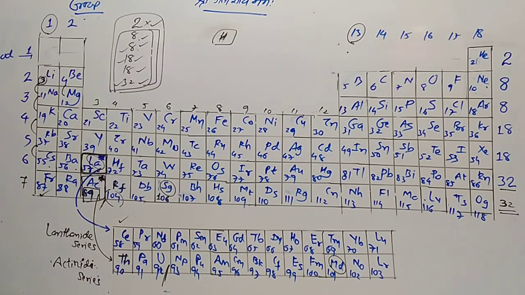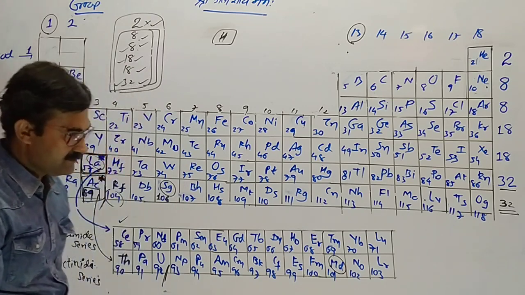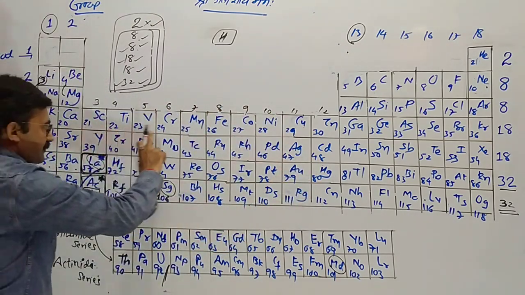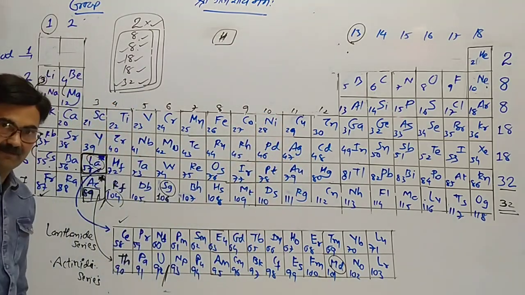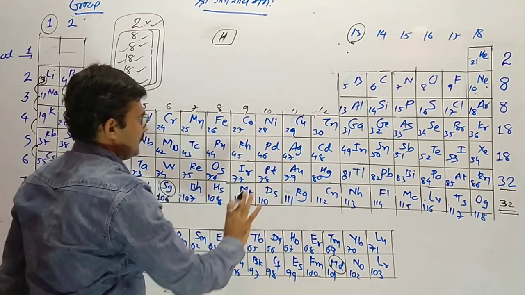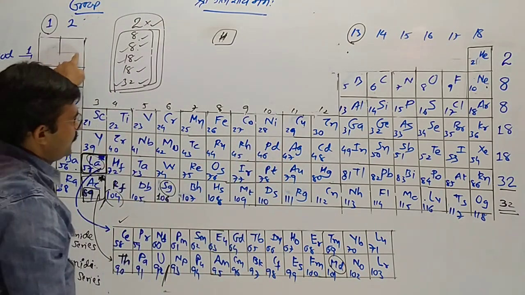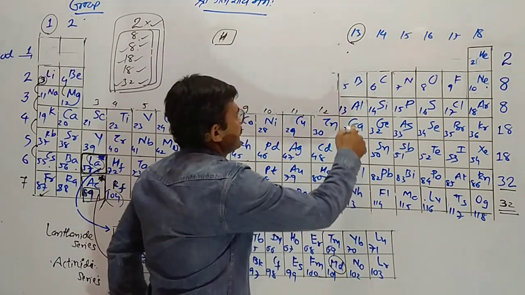Understood? Now come to group number 13. We have to remember this line, the vertical lines, only vertical lines 1, 2 and 13 to 18 we have to remember.